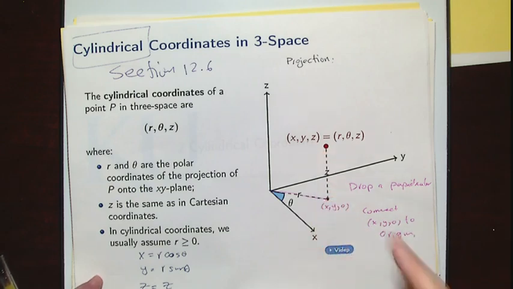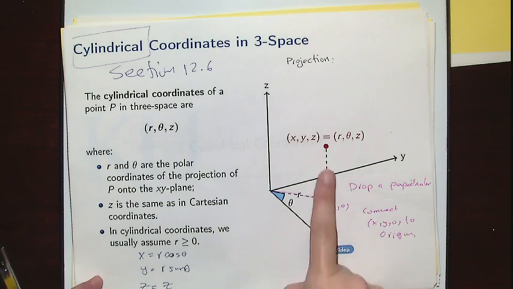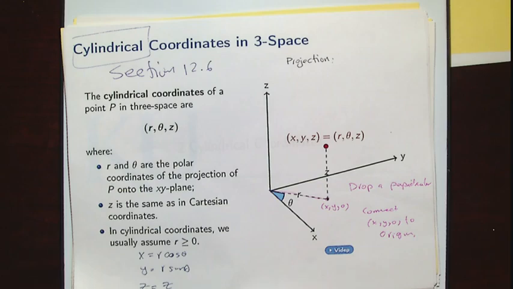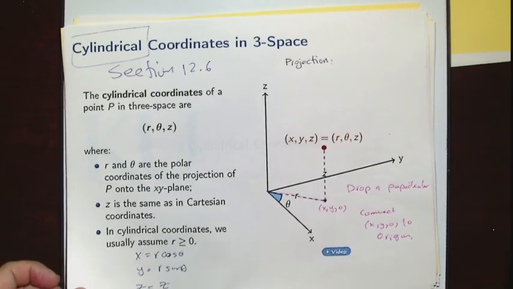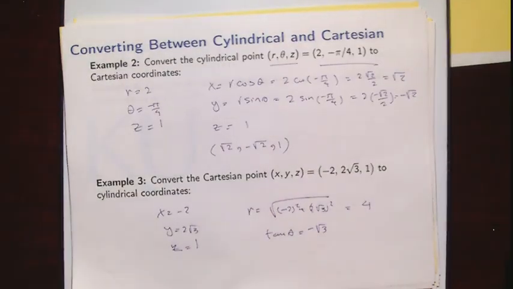And then the intersection of that perpendicular with the xy plane acts like a polar. So this one is just a polar coordinate. X and y are the polar coordinates. And so this was the last time, and we were here.